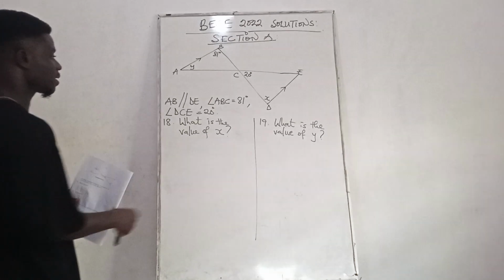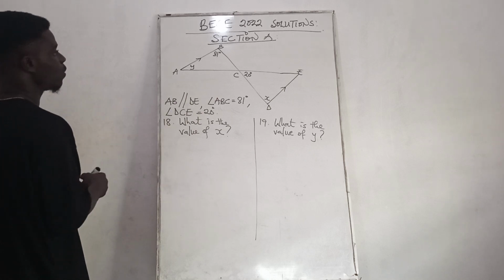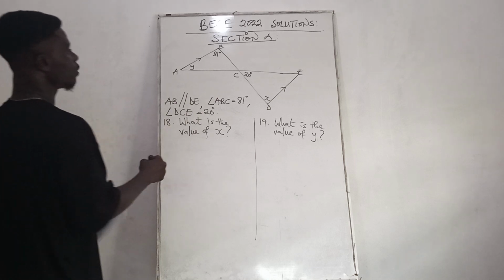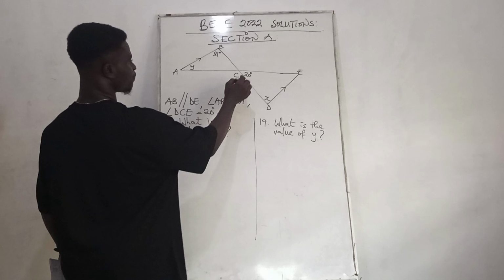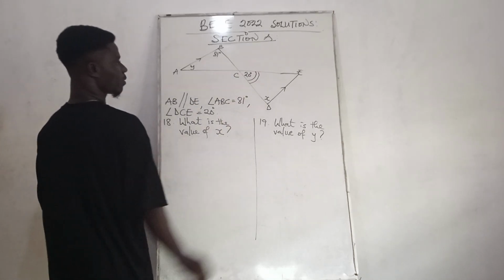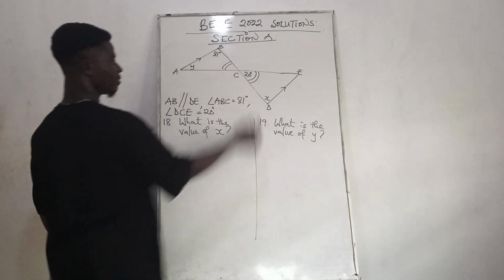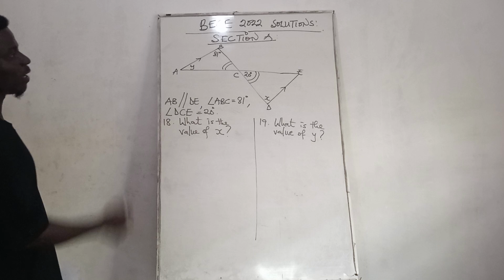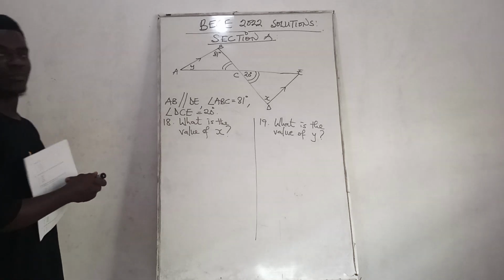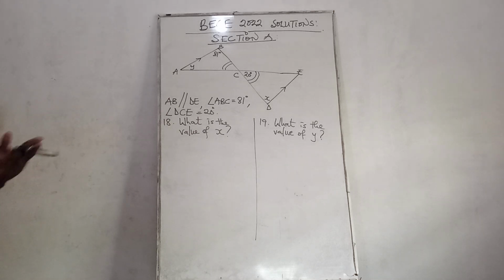So now, what is the value of x? How can we find the value of x here? So now we can say that this angle here is equal to this angle here, right? But here we want to find the value of x, which is very, very simple. Watch here.